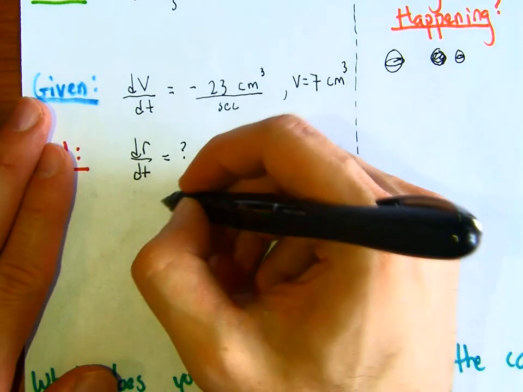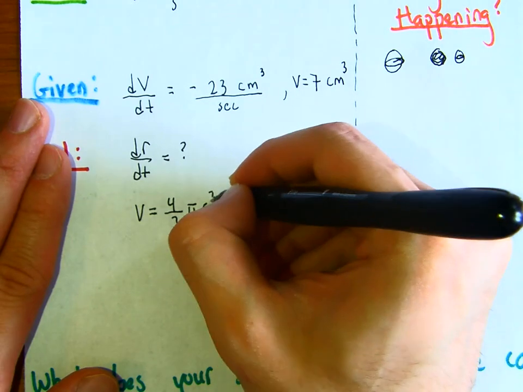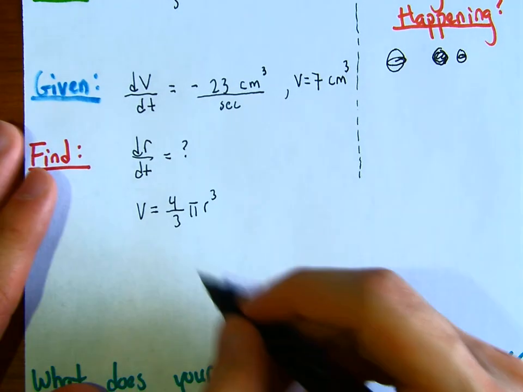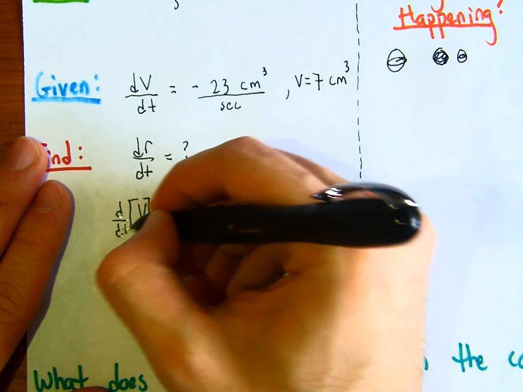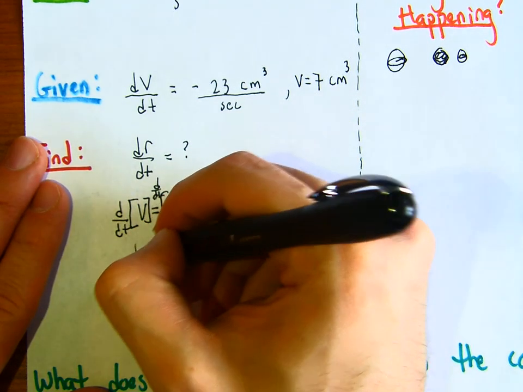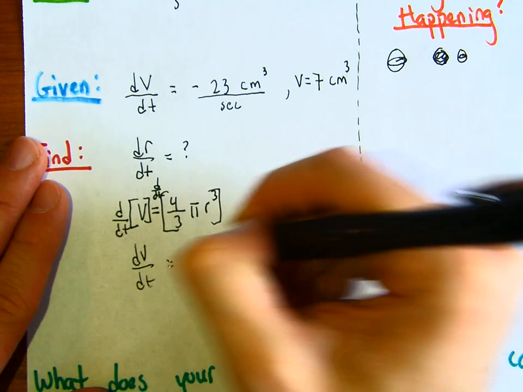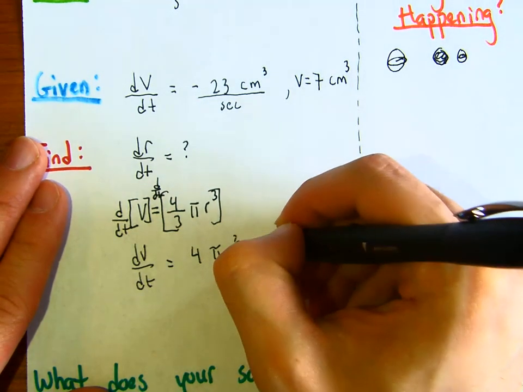So let's do it. V equals 4/3 pi r cubed. What are we going to do? We're going to take d/dt on both sides.